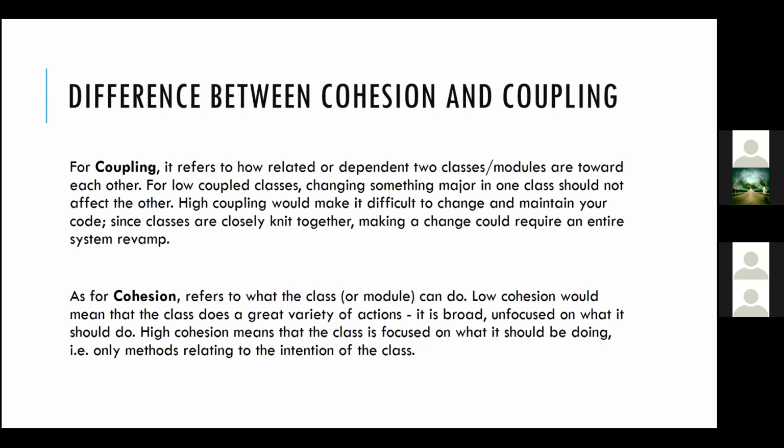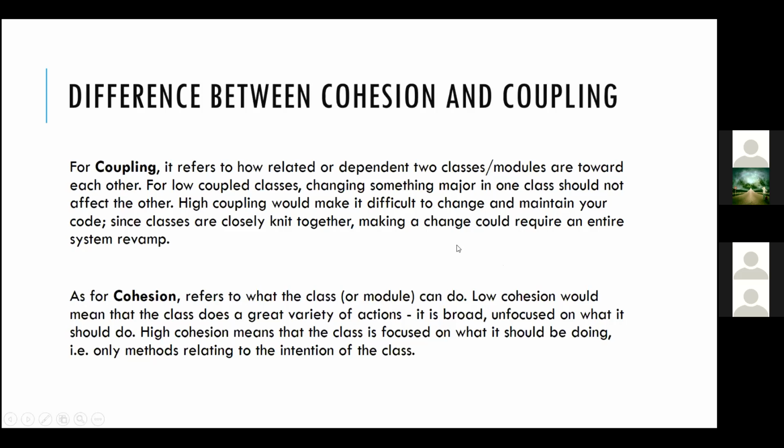Making a change could require an entire system revamp. Simply because kasi po, each part is tightly connected with each other. So kapag nagpalit po tayo on one part, definitely it's going to affect the second part po, no? Kasi it's running as one unit po, no?